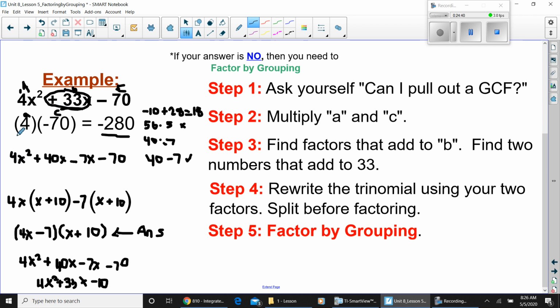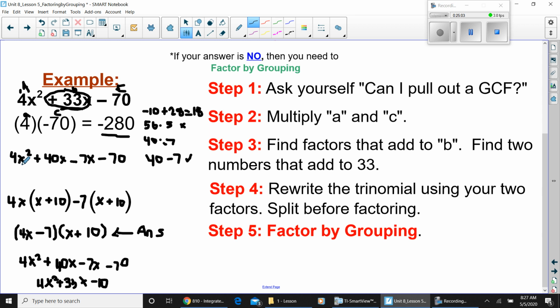I bring down the A. Don't change it. Then I use the 40, put an x after it, because remember, you're talking about two numbers that add or subtract to 33x. This right here is minus 7x, 33x, 40 minus 7, and then bring down the negative 7.